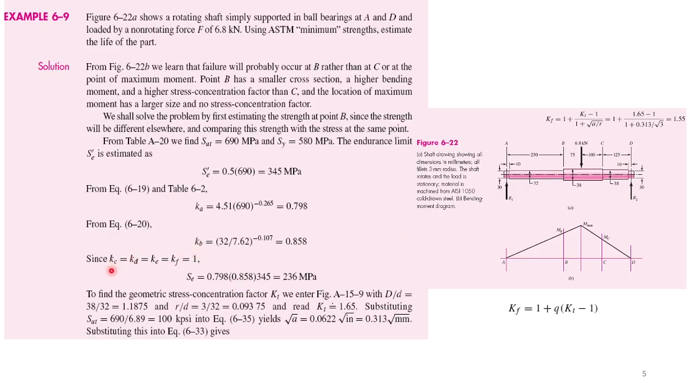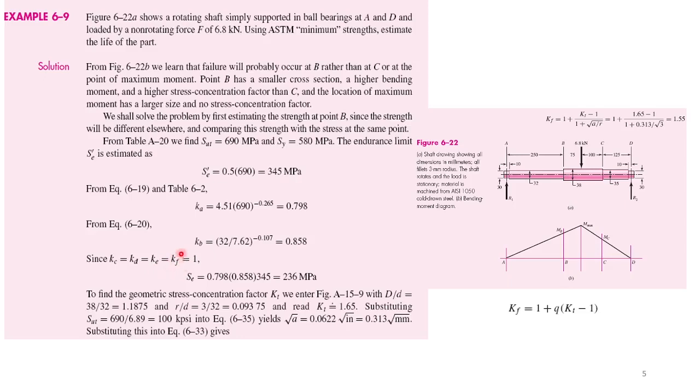بعد كده ال KC اللي هو load modifying factor is equal to 1 because the problem here is all about bending. وبالتالي مش محتاج ان انا اعمل modifying للvalue of SE. KD is the temperature factor, and since nothing is mentioned about temperature, I'll assume KD to be 1. This is the reliability factor, and again, it's not mentioned, so I'll use it as 1.